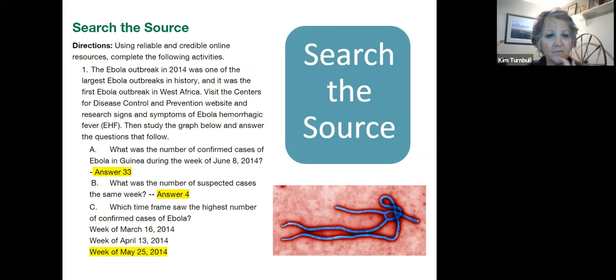This one is from the immune system, and it talks about the Ebola. And so we went ahead and added the answers from the teacher's edition in there, so you wouldn't have to go looking, but the questions are the ABC part of it. And then the answers are actually in the yellow highlighted areas.